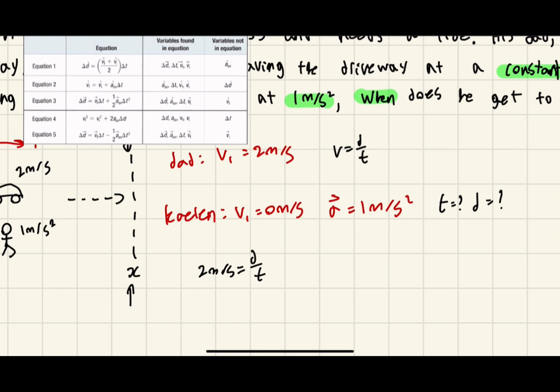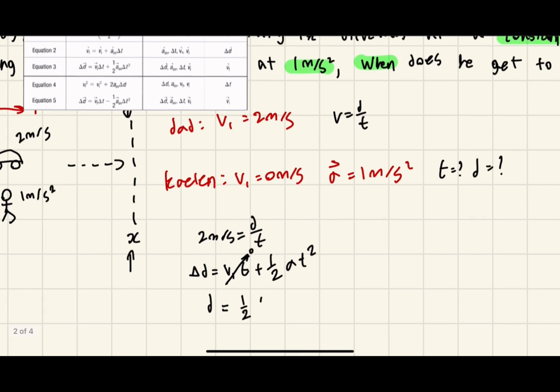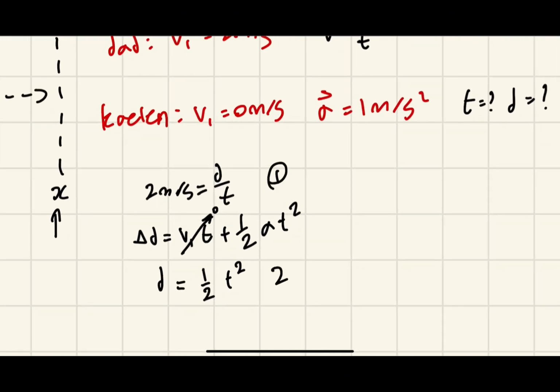So we know, using our big 5 equations, that's going to be the equation delta d is equal to v1 t plus 1/2 at squared. We know v1 is 0, so that goes to 0. So we're going to have d is equal to 1/2, his a is just 1, at t squared. So these are our 2 equations.